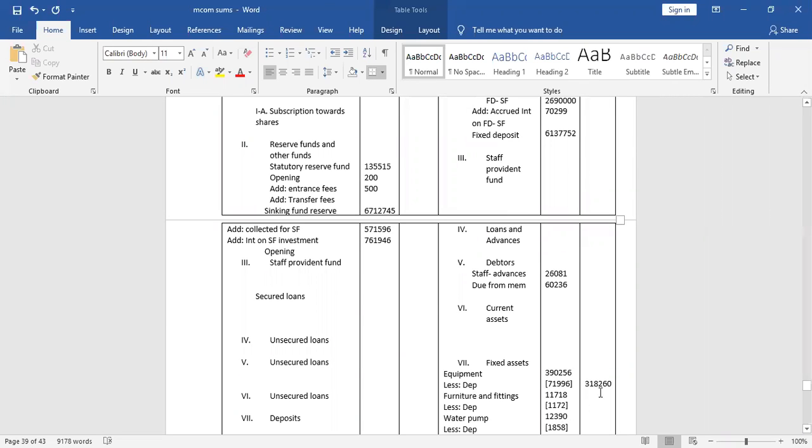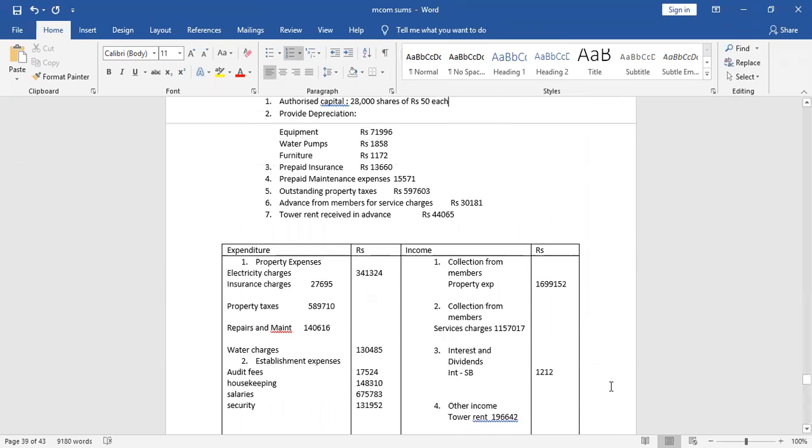So what will come after less? Furniture after less is 10,546 and water pump after less is 10,532. Done. Now we will go to the second effect.